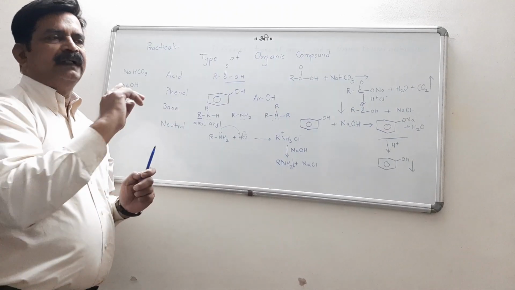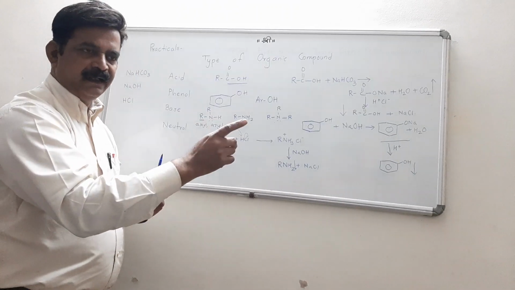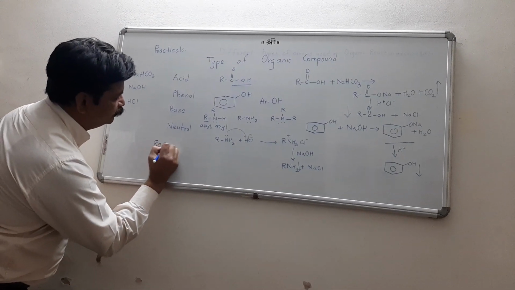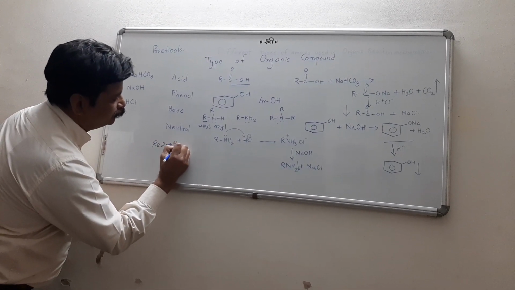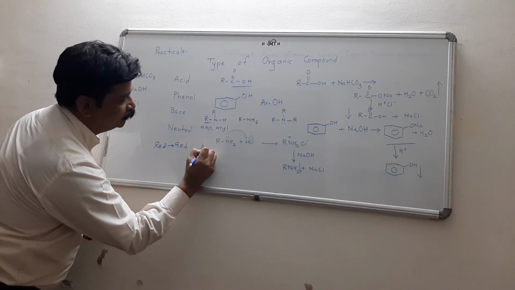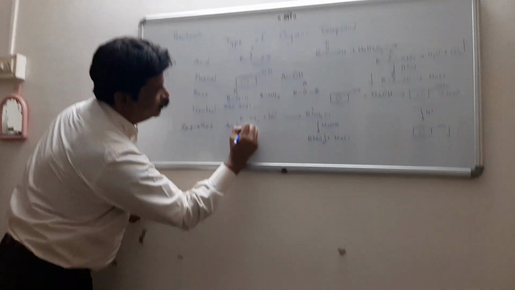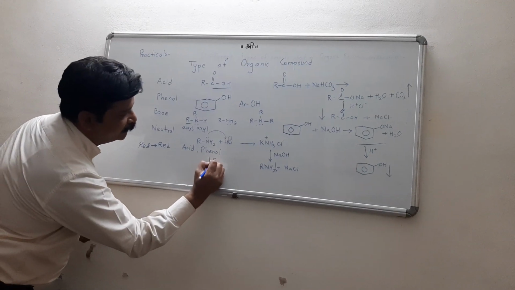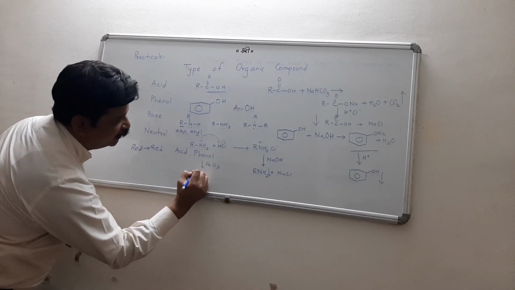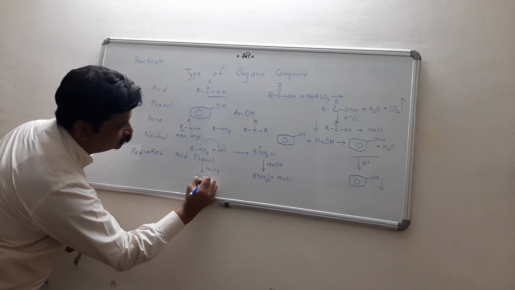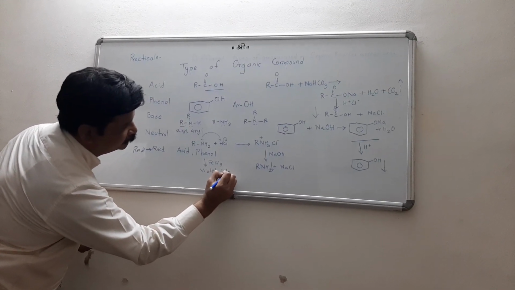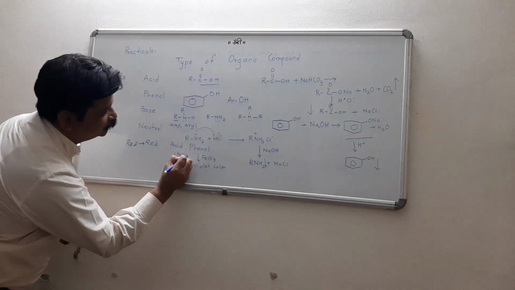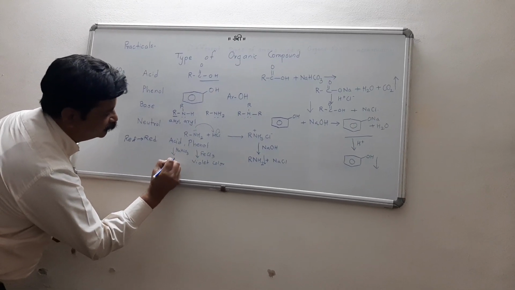Red litmus, if it remains red, then it may be acid or phenol. Phenol is confirmed by ferric chloride test, which gives violet color. Acid is confirmed by sodium bicarbonate, which gives effervescence.